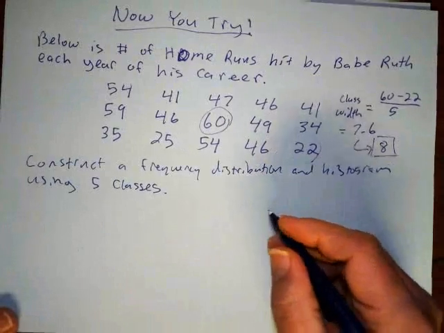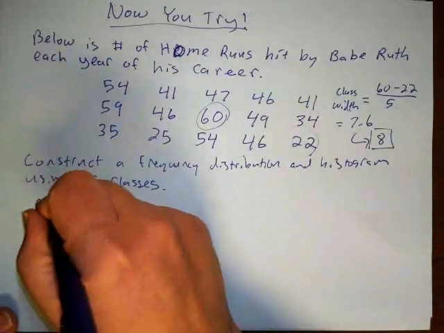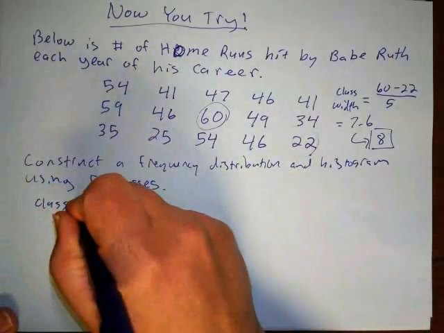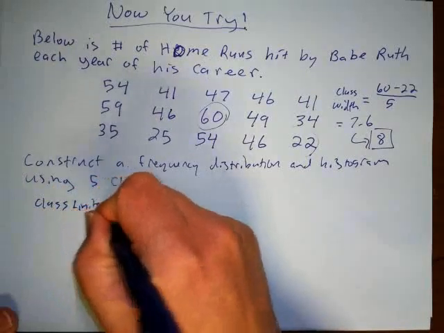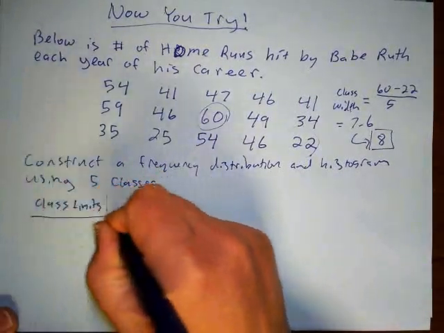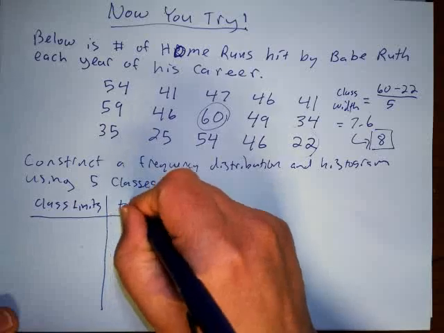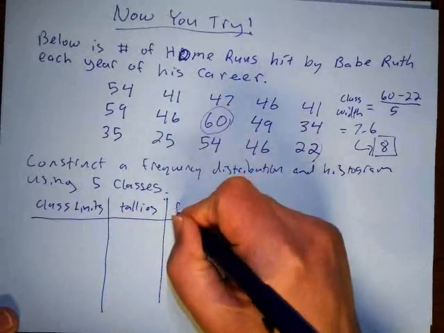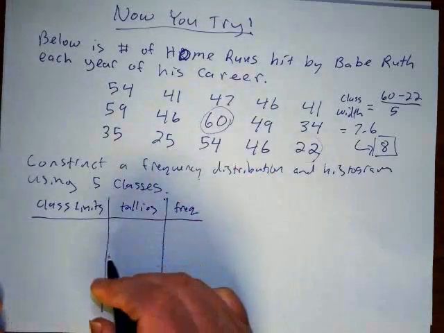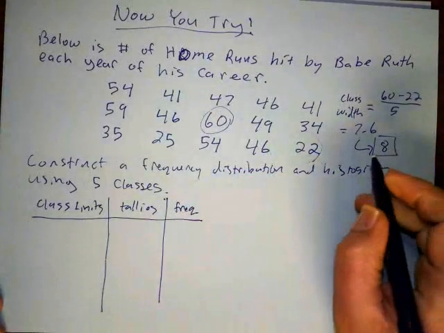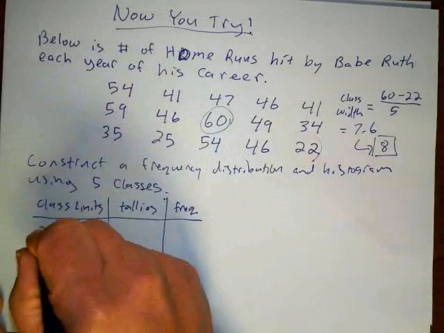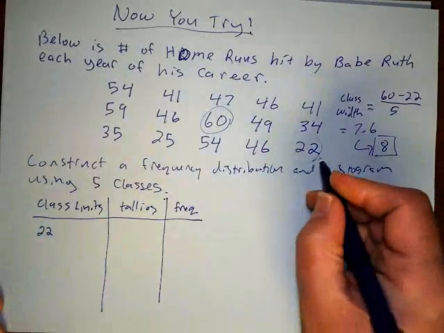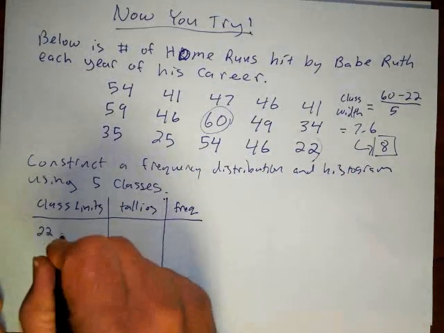So now to make my table, I'm going to have class limits, I'll have tallies, and then I'll have the frequency. So I'm going to start with my minimum value as my first lower class limit.